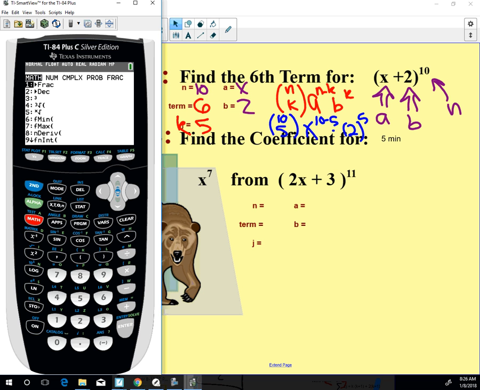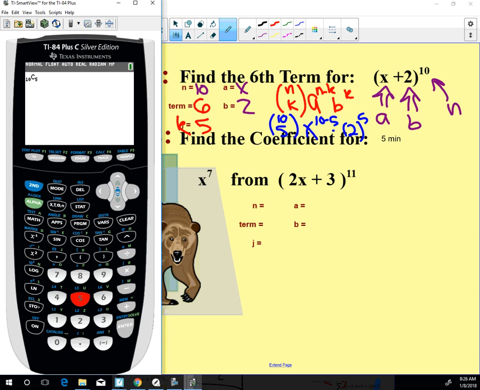Move to probability, and see where it says nCr? Enter 10, then nCr, then 5.